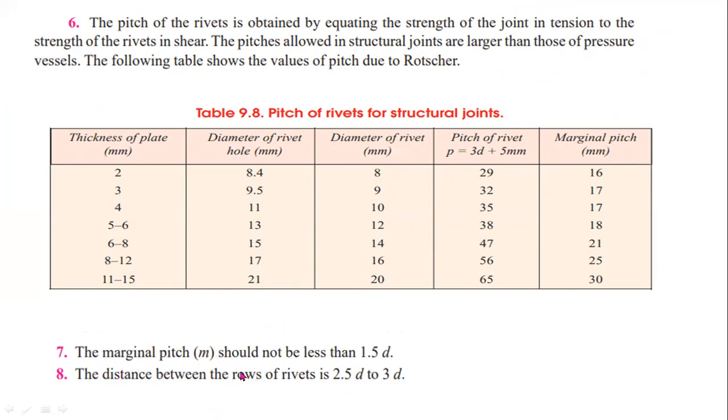Margin means the distance between the center of the rivet and the nearest edge. The value of margin M equals 1.5D. This is a fixed value. In the last step, you have to determine the number of rows and the distance between rows, that is the row pitch.